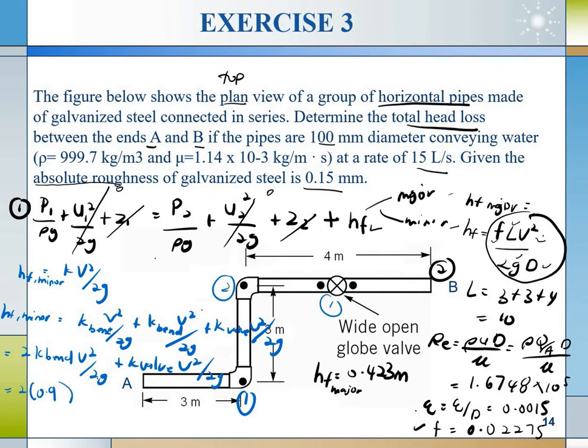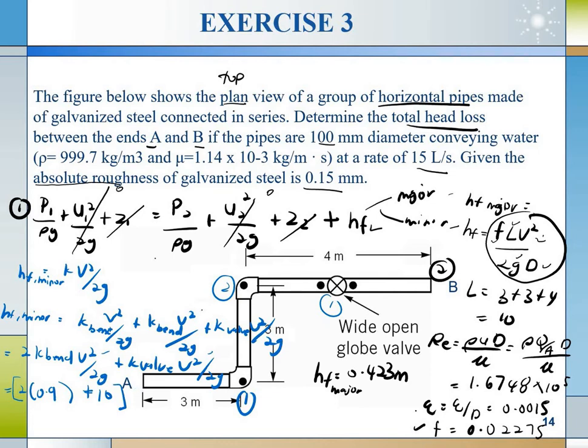Actually, this V and G are the same for both, so basically we can move out the K. So 0.9 is for the 90-degree bend, plus K valve is 10, right, just now, times V squared.